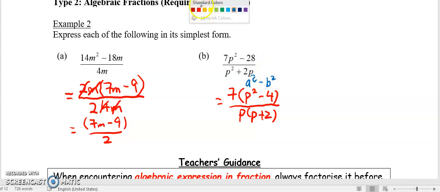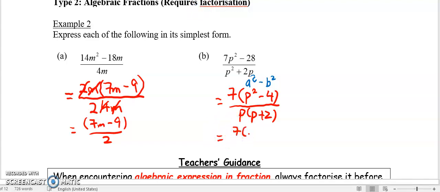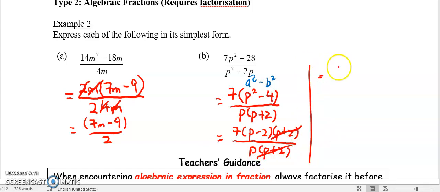So we can further factorize the top to get 7 times p minus 2 times p plus 2, and the denominator can't be further factorized, so it remains as p plus 2. Now we can see that p plus 2 on top and p plus 2 below are common factors, so we can cancel them. We will be left with the answer 7 times p minus 2 over p. So this is our answer for example B.